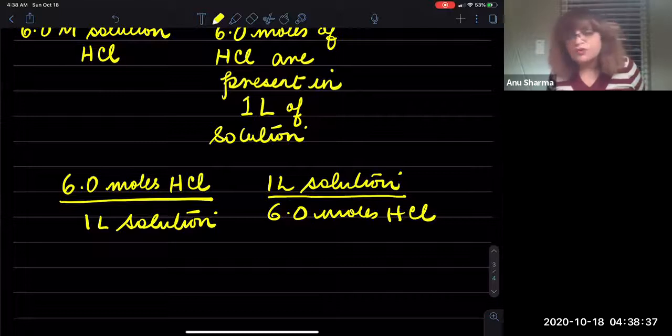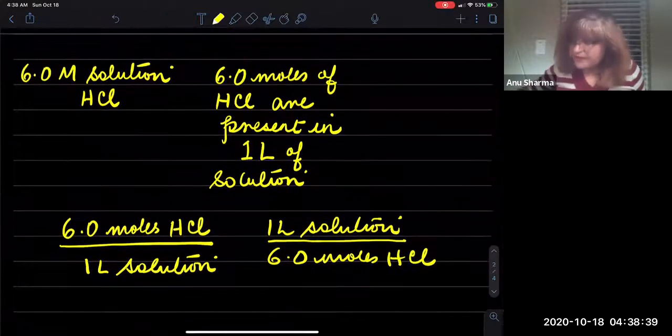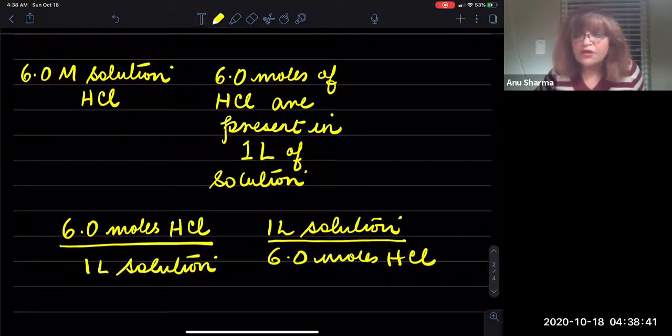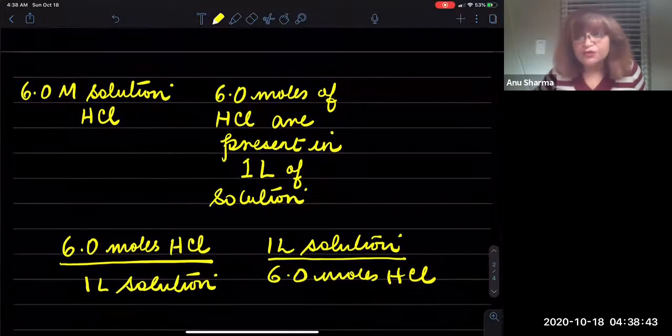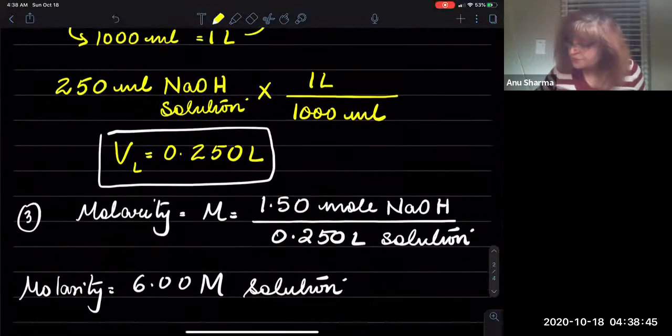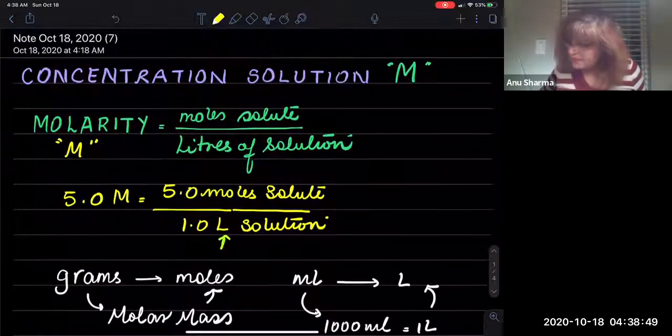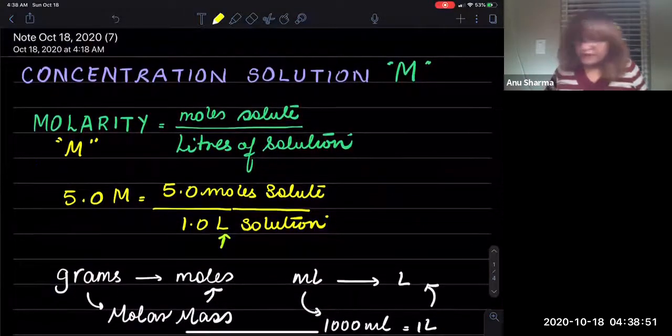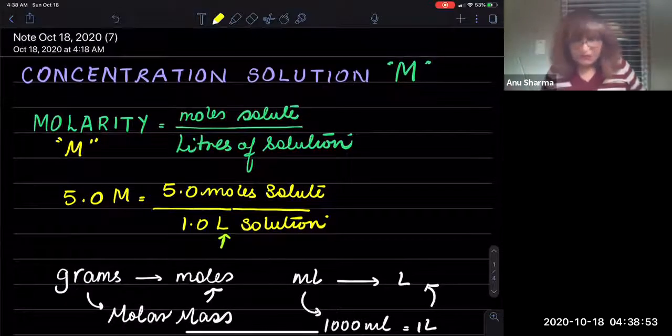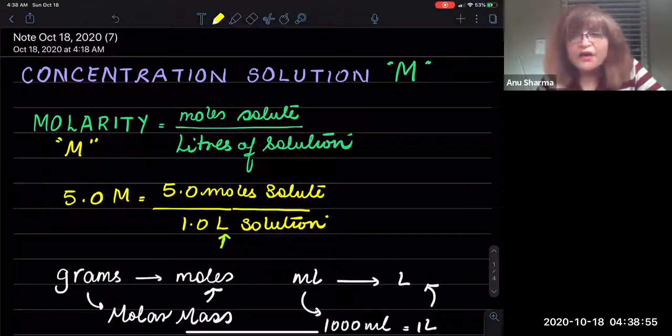This is how you use the molarity information to get the conversion factors and do the calculations. It's pretty simple stuff, and I hope this was helpful.